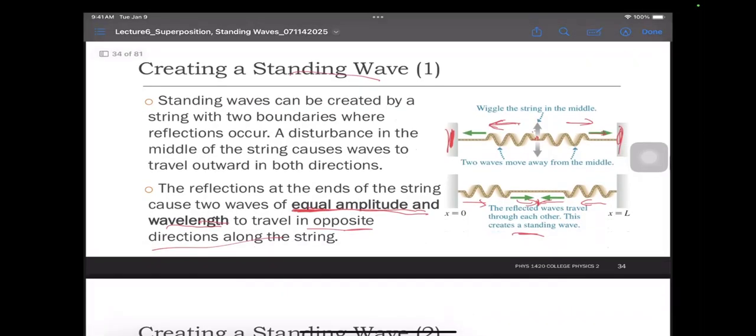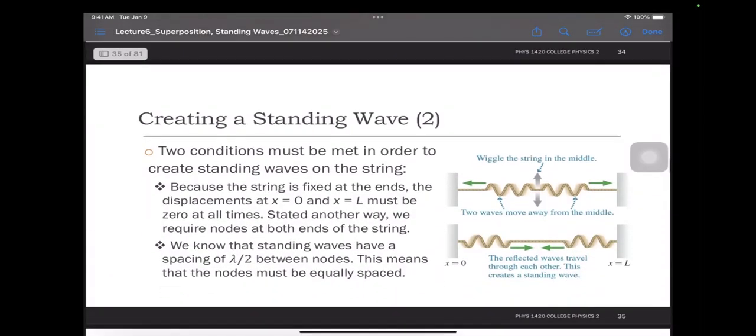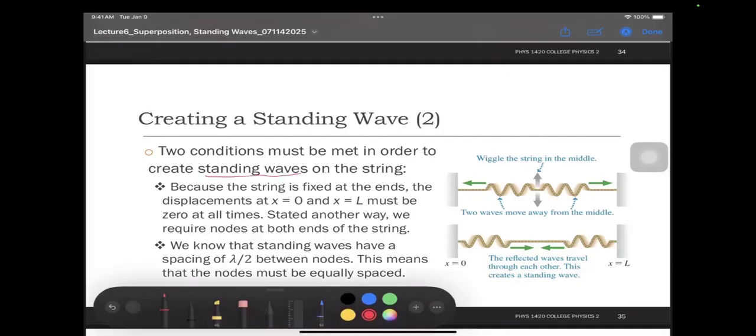Okay, let's continue to talk about creating standing waves. Two conditions must be met in order to create standing waves on a string. I talked about this before.